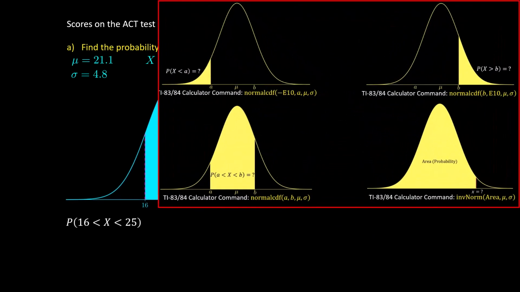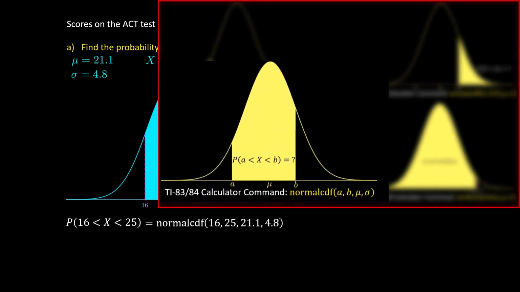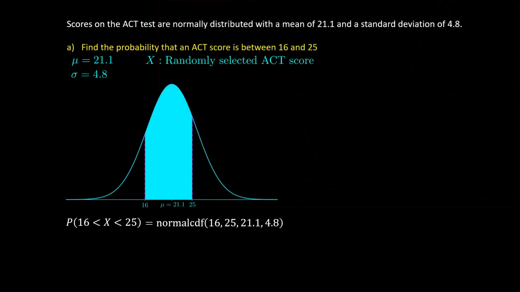Now, looking at the chart, what calculator command do we use for this calculation? We use normal CDF, where the lower bound is 16, the upper bound is 25, and the last 2 parameters are the mean, which is 21.1, and the standard deviation, 4.8. I'm going to pull up the TI-84 calculator.